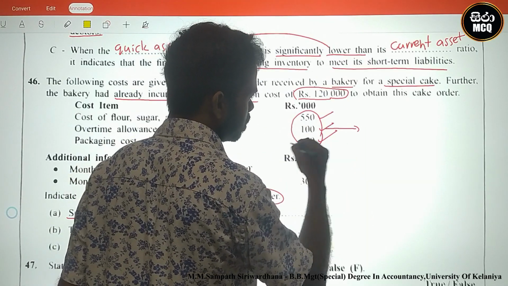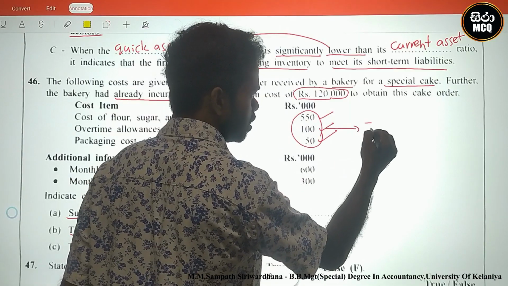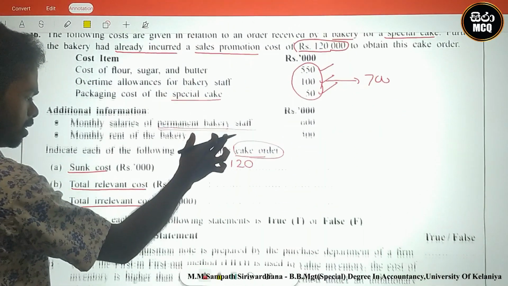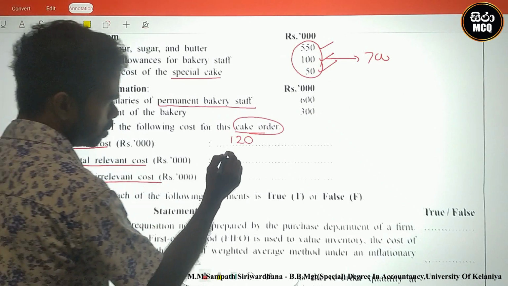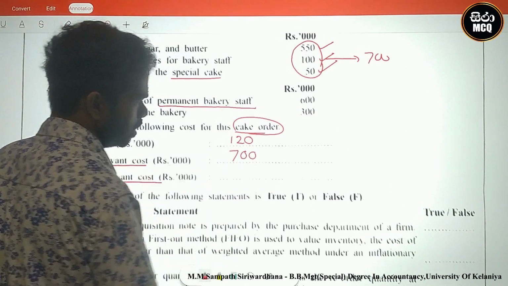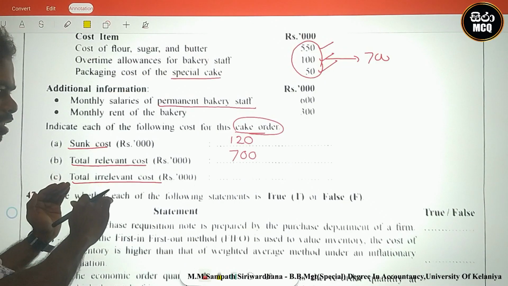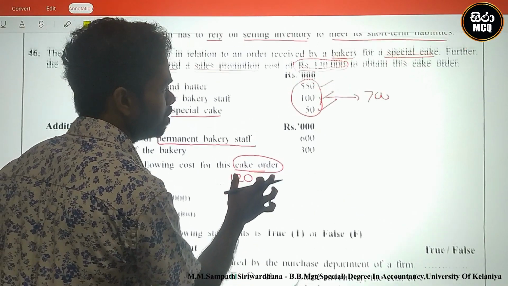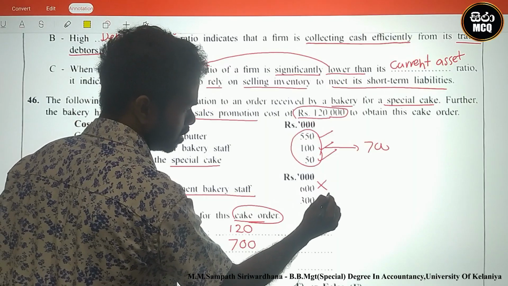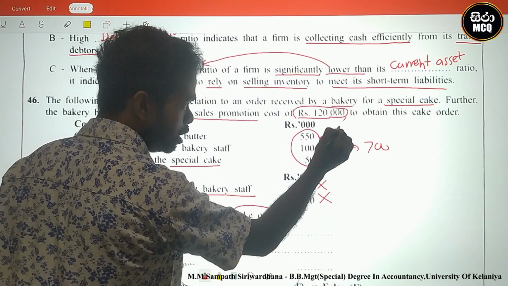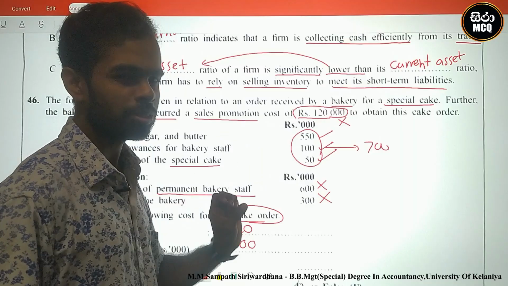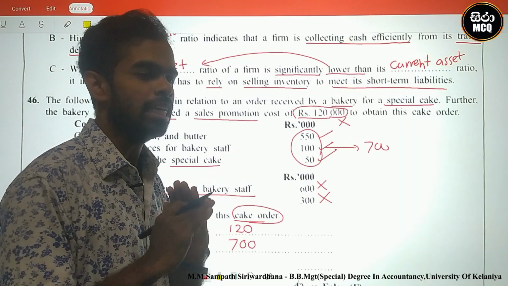Therefore, the total relevant cost is 700. Total irrelevant cost means the costs that are not relevant. Other than these relevant costs, all other costs are irrelevant.